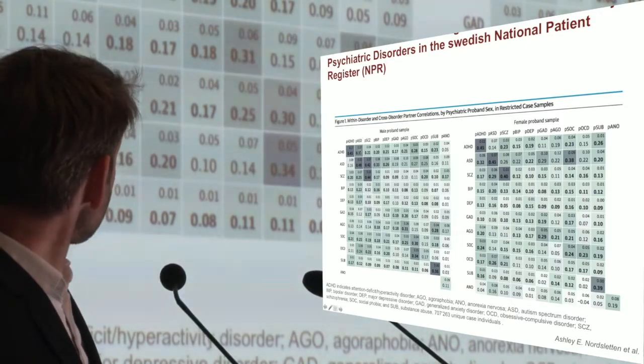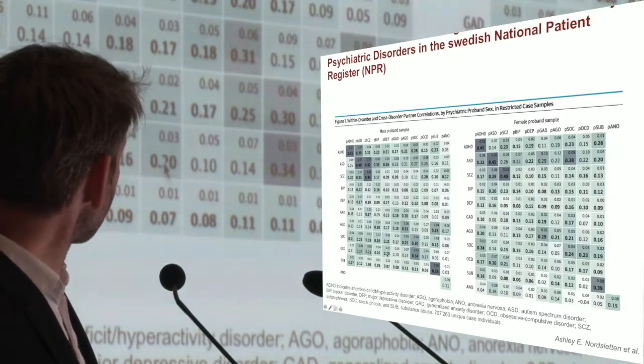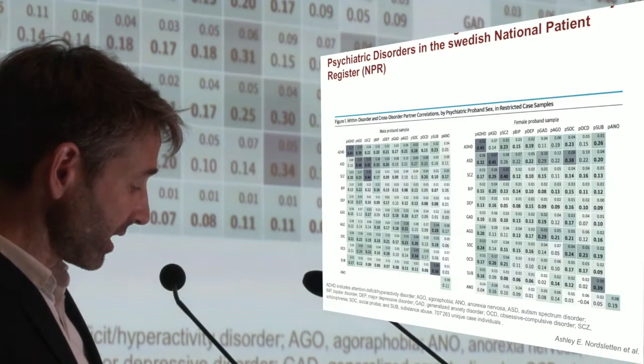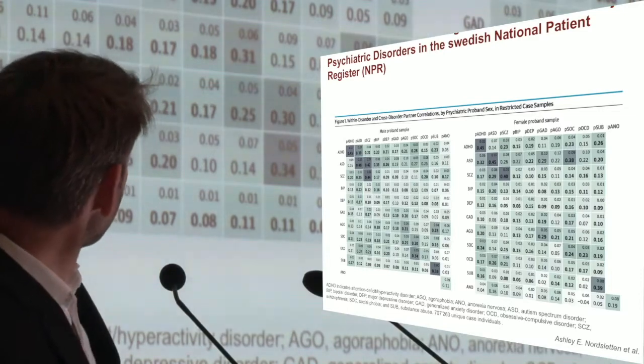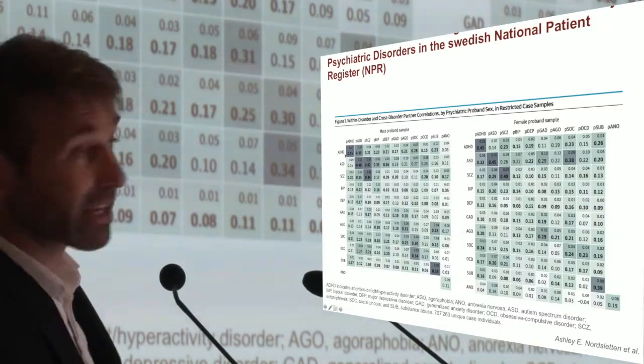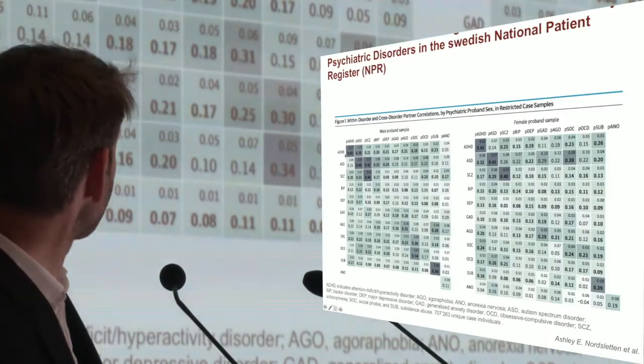So this is a fascinating study that you should definitely read if you haven't read it. What it shows is that if you're a male proband and you have a diagnosis of ADHD, the probability that your spouse has a diagnosis of ADHD is 45%.